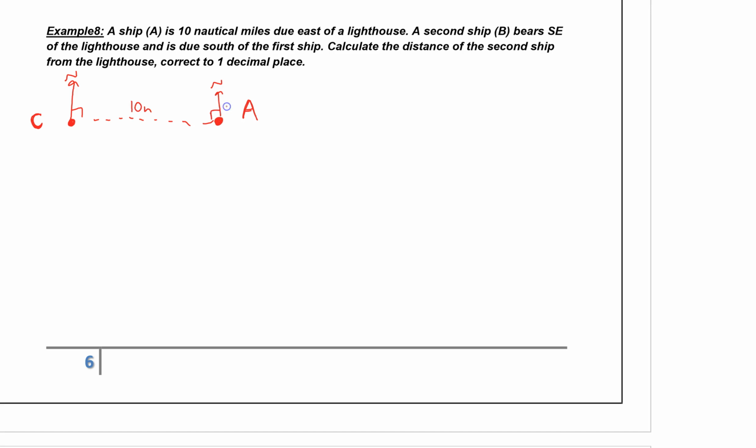Right angles here and here. Now, B travels southeast from the lighthouse, so that's this direction here, until it is south of A. So I have a line going straight down here, a right angle here, and a point down here that's called B.